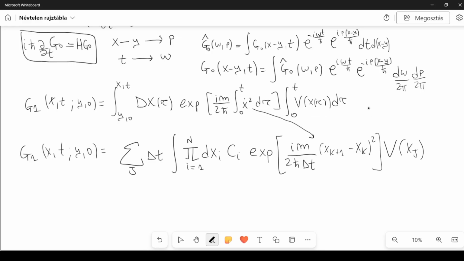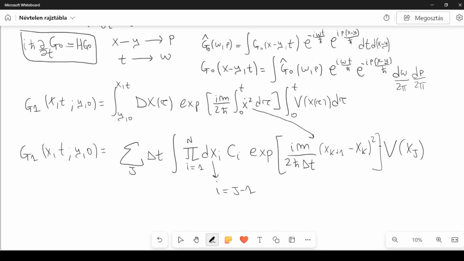Now the integrals for k equal to 1, k equal to 2, all the way up to j minus 1, and the integrals from k equal to j plus 1 to n, they are just free particle integrals, right? Because we don't have to integrate also over this v of x j. When we do the integration over some of these values, for example, for i equal to j minus 1, the integral is performed only over this exponential, because you don't have to integrate also over this potential.